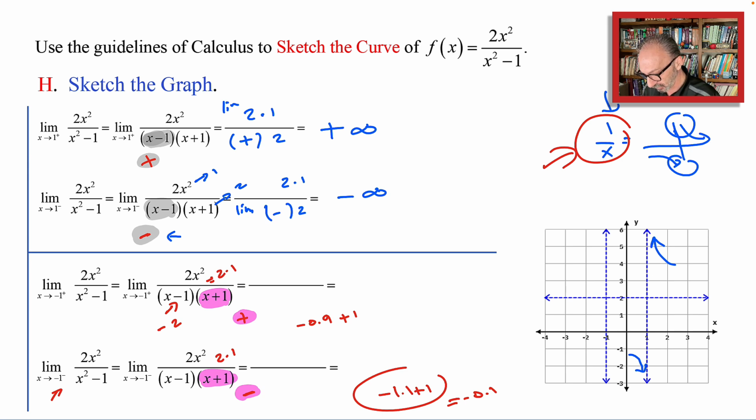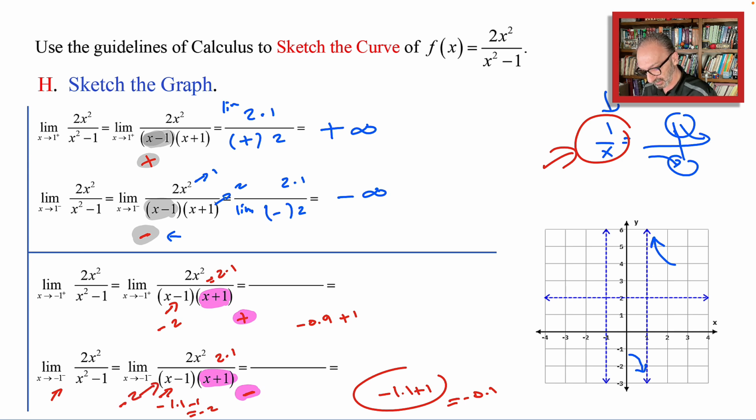Let's go right here. Negative 1 from the left will give me a negative value, and this right here will give me close to 0. Close to negative 1.1, negative 1.1 minus 1, which is negative 2. So same idea like on top. This is like negative 2.